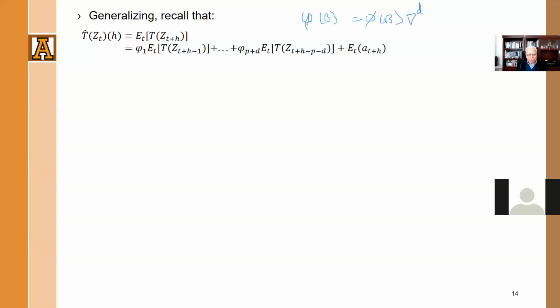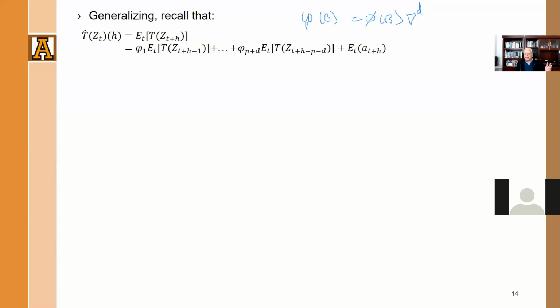Okay, that will be the conditional expectation, and that's going to be in general equal to phi_1 times the conditional expectation of Z_{t+h-1}, plus all the way up to phi_{p+d}, because we have p plus d terms in this product of these two polynomials. A conditional expectation of Z_{t+h-p-d}, because we lose p observations, since it's an autoregressive of order p.